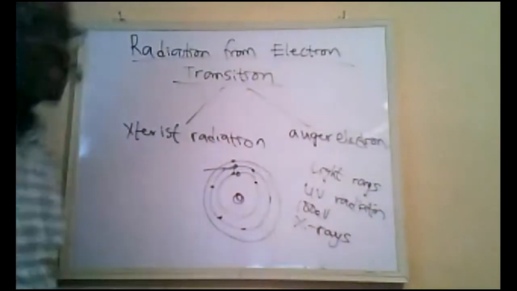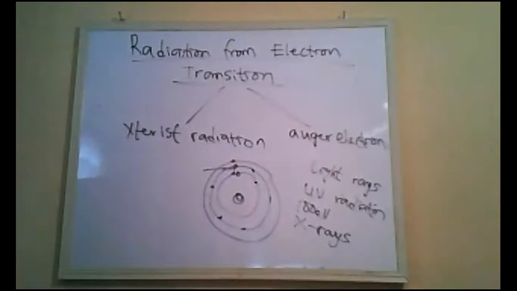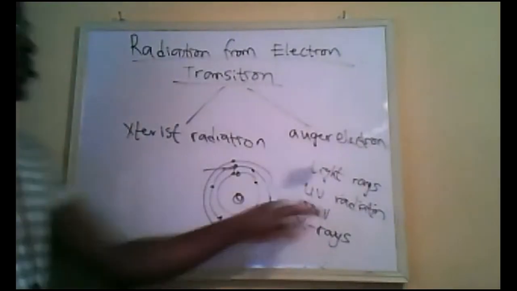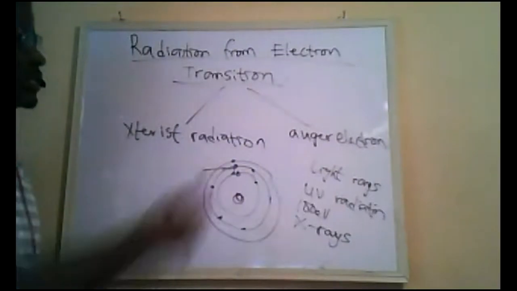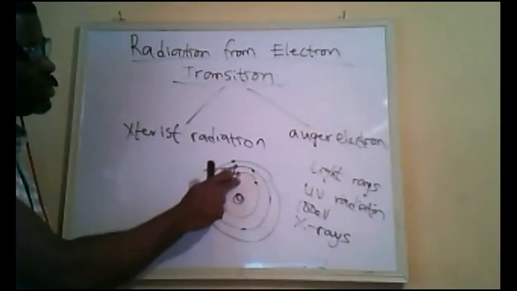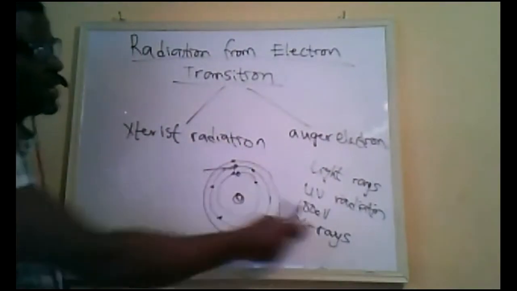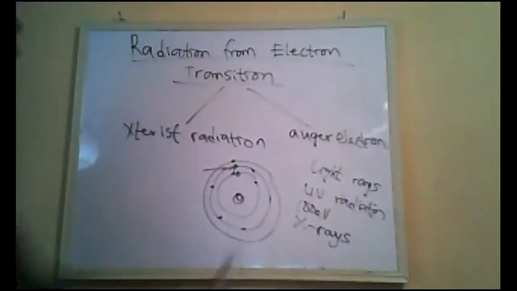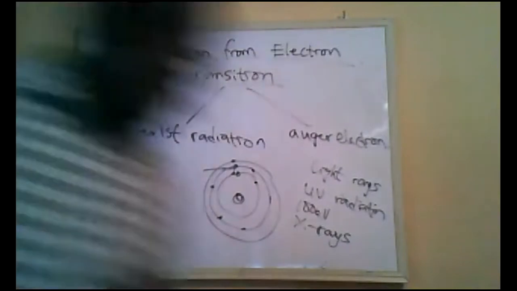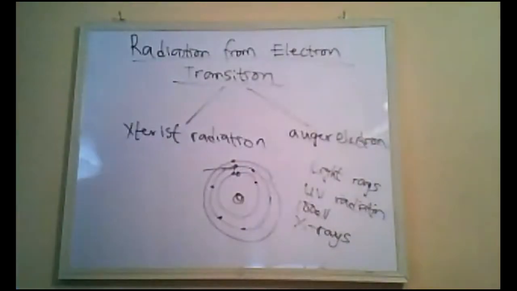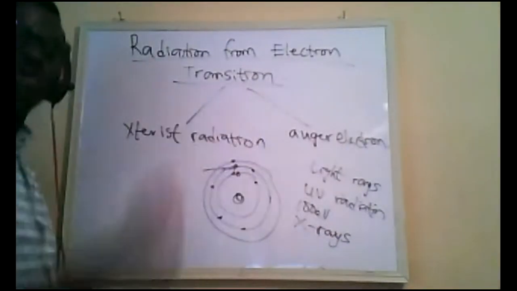I mentioned it last time, I just want to be brief about it. When the energy of the transiting electron, the energy between here and here, exceeds 100 electron volts, then we are talking about a characteristic X-ray. We call it characteristic because it is characteristic of a particular atom.